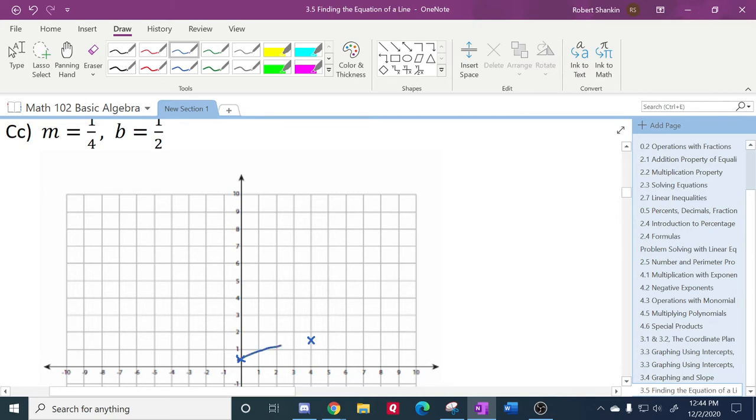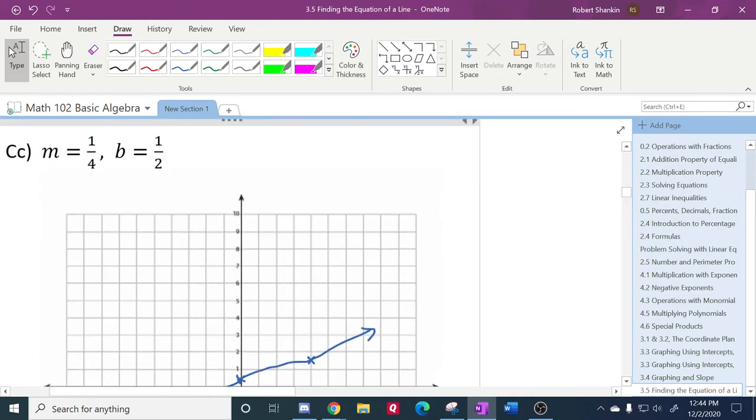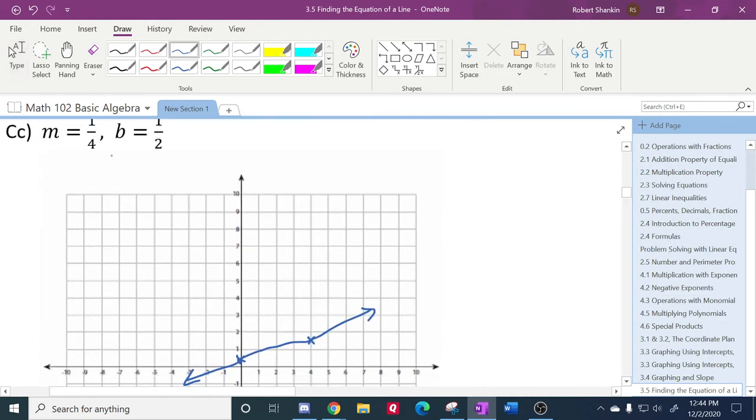So this one is like this. Okay, now let me point out this M could have also been thought of as -1 over -4, because that reduces to a positive 1/4.